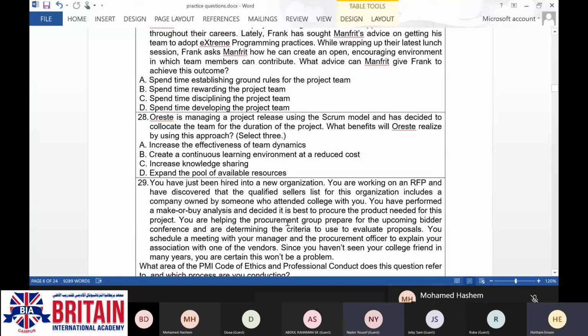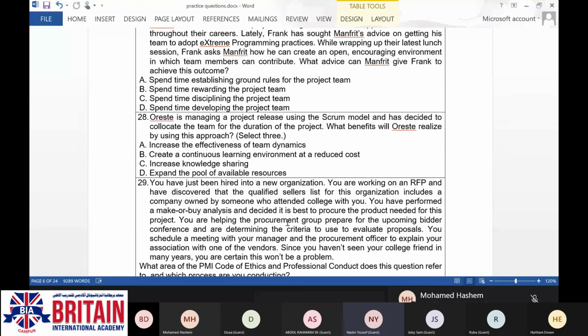Question 28. Ernst is managing a project release using the Scrum model and has decided to collocate the team for the duration of the project. What benefits will Ernst realize by using this approach? Select 3.